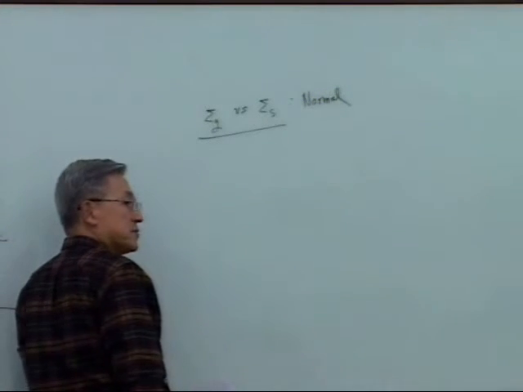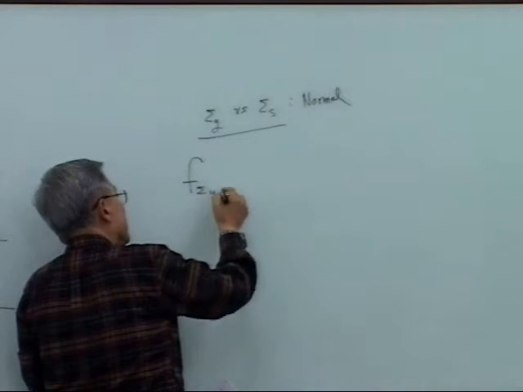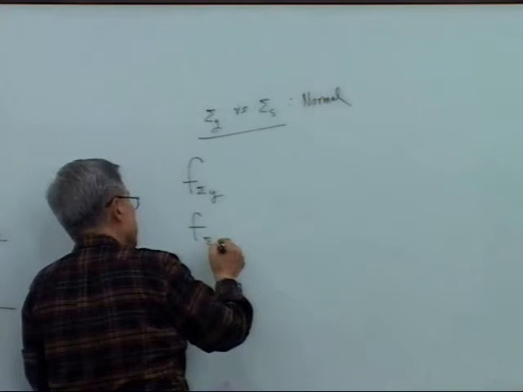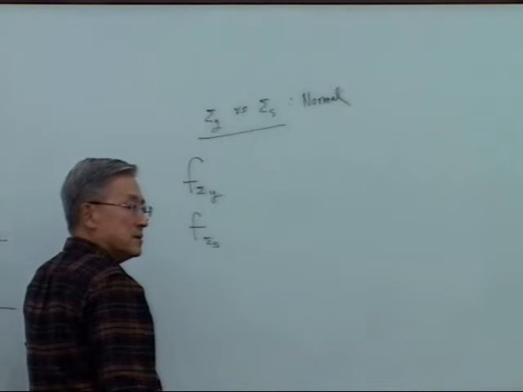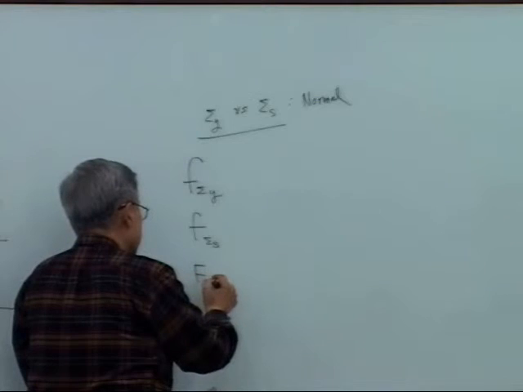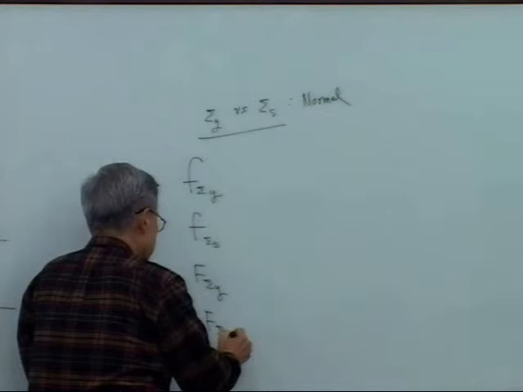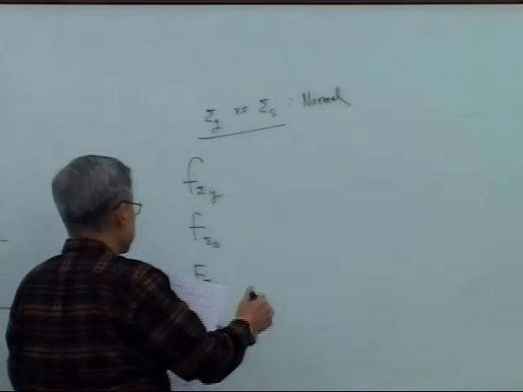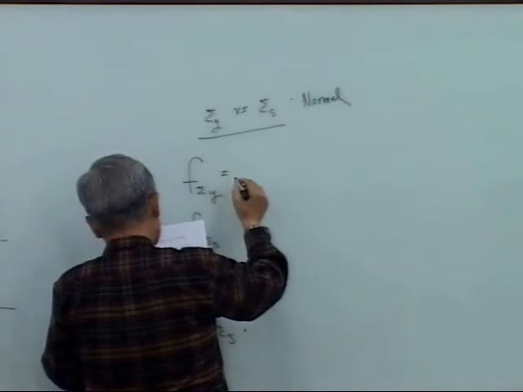And again, the first thing you have to write is F of sigma y. Next one is you have to write the sigma s. Then after that, you have to get the cumulative probability distribution function.